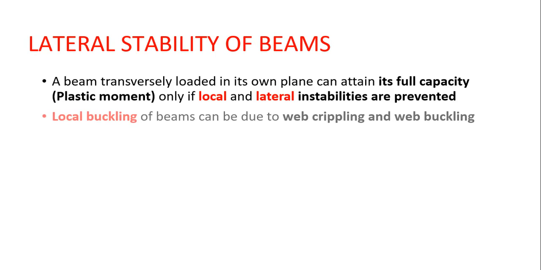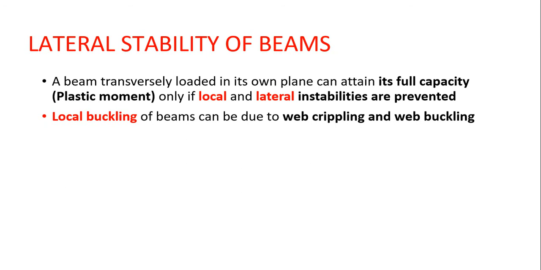Speaking of lateral stability of beams, a beam transversely loaded in its own plane can attain its full capacity. That means it can reach a plastic moment of plastic hinges only if local and lateral instabilities are prevented. So if you want a section to reach a state where it can develop plastic hinges, then you have to take care of two things, that is local and lateral instabilities.